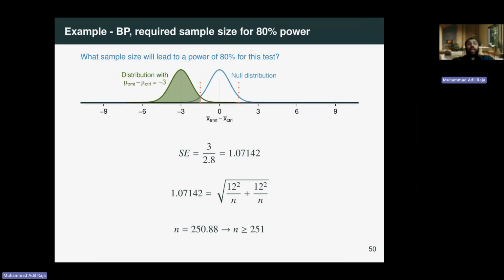We do this hypothesis testing and we see that we can reject the null hypothesis. Our effect size is strong, and the p-value is too low, so we can reject the null hypothesis. But somebody says, you can reject the null hypothesis, but what is the power of your test?